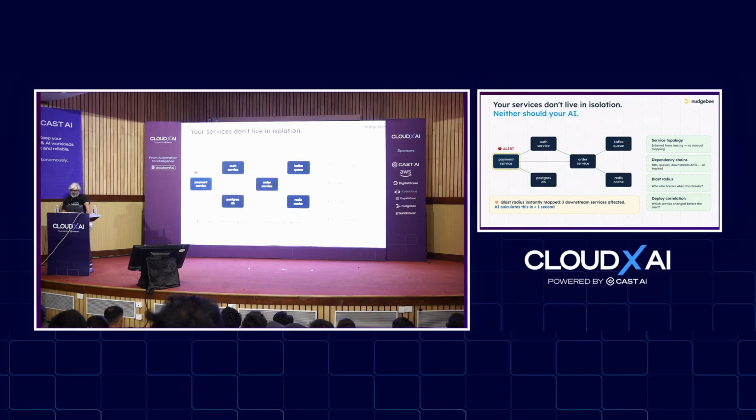The second part is about when an issue happens. As an end user, you have all of that in your head. You know this application talks to this, this talks to that, this is how it is connected, and you know what exactly the blast radius is. When I as an LLM am looking into it, I only see your application. There is no one telling me that this application is correlated with that.